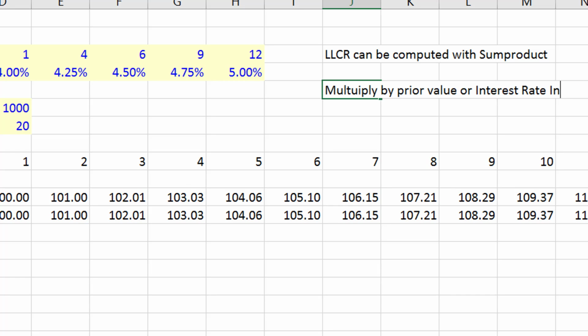And to do that, you also have to create an interest rate index. The first thing you really have to do is create an interest rate index.